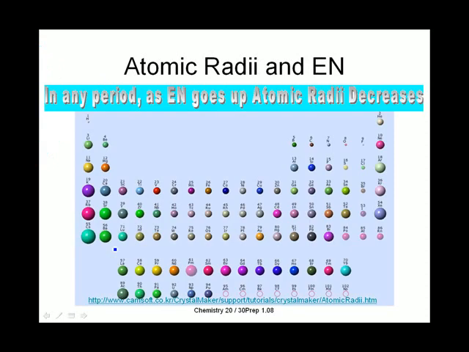Now, one of the reasons this happens is as we go through our periodic table, here's a periodic table showing you the relative size of each atom. So, for example, hydrogen is the smallest atom on the periodic table because it only has one proton and one electron, and most of its size is determined by protons.